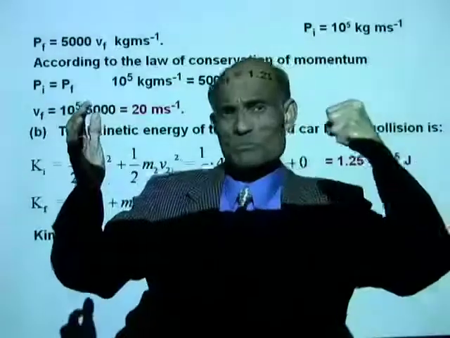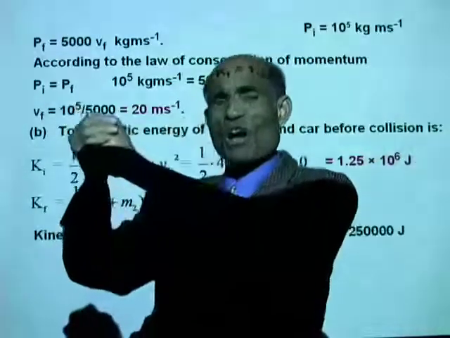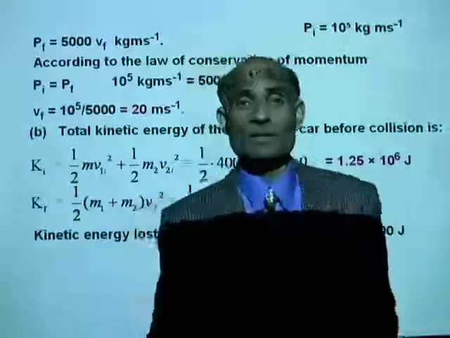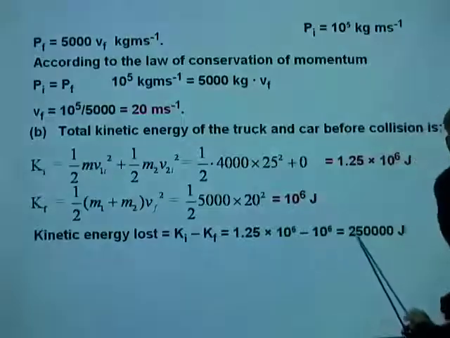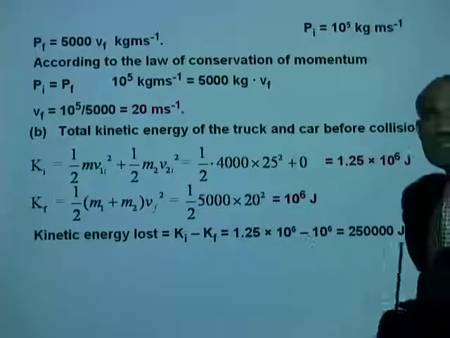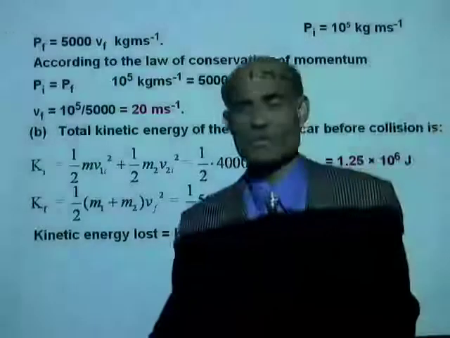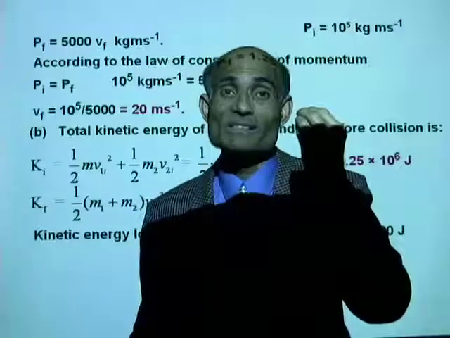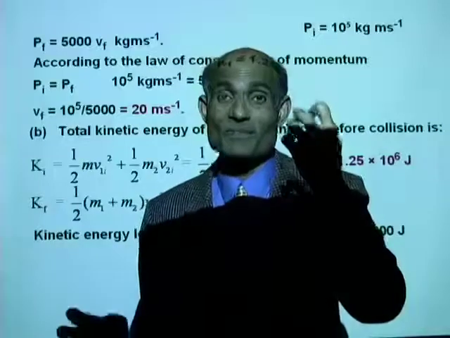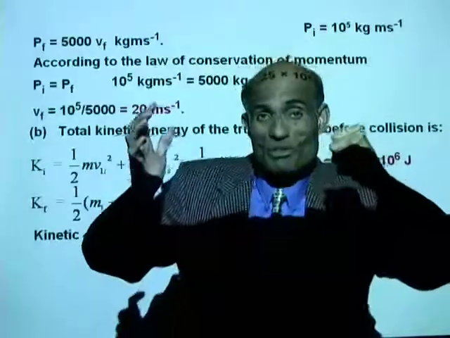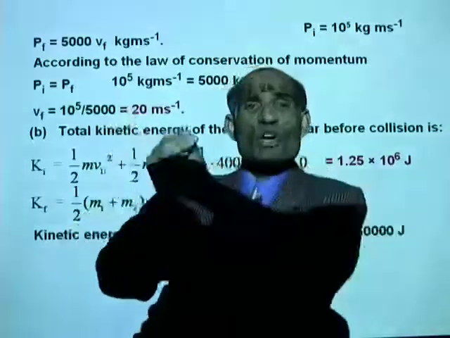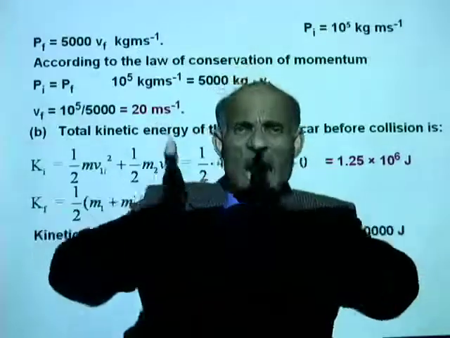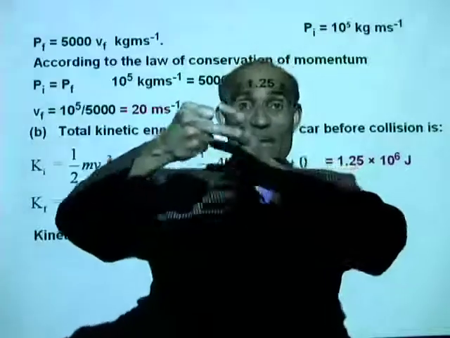The truck comes and hits the car, and in the process of that hitting, there is a loss of kinetic energy of 250,000 joules. What happened to this lost kinetic energy? Can you think about it? Well, some part of that is used in doing work on the car. Is that right? The car has been made into half its length.